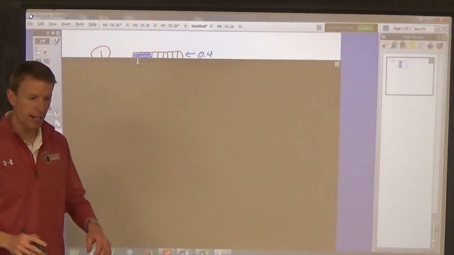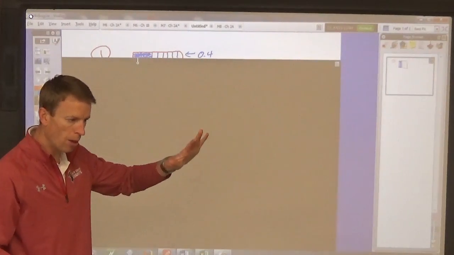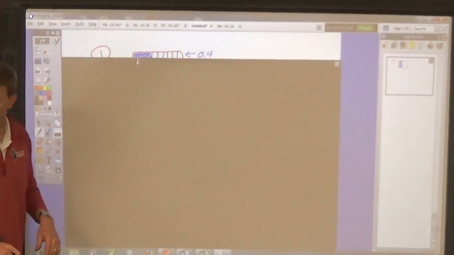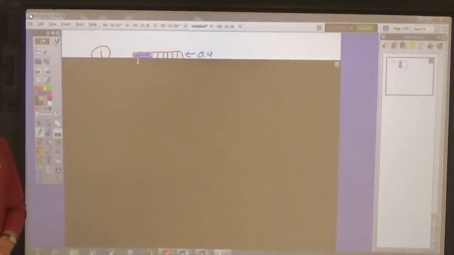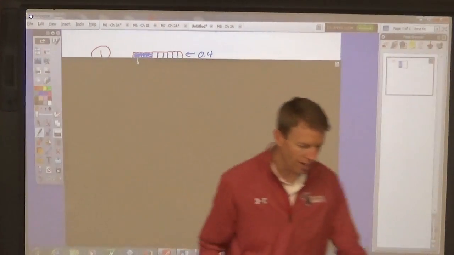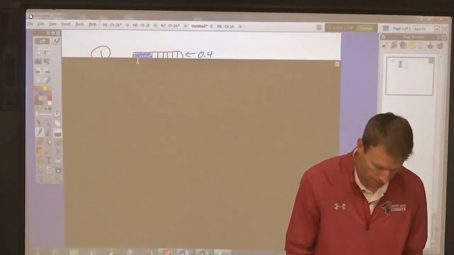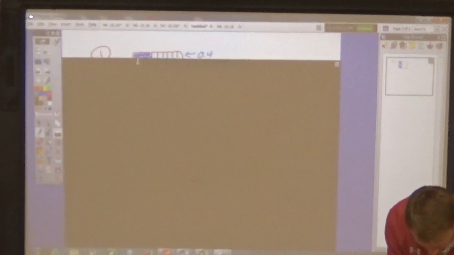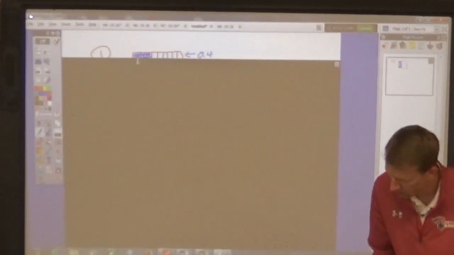If you covered up that in your book, cover up all but one row on number 1. Cover up all but one row. And you can see a shaded portion of 4/10.